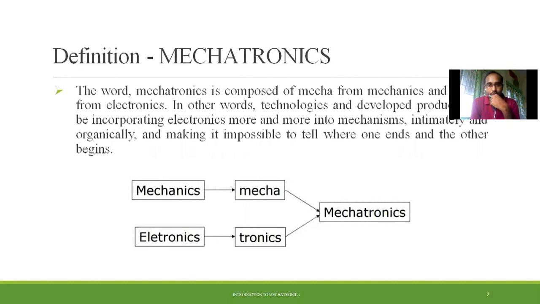Here, mechatronics specifies the technology that will be utilized to give directions for operating robotics or robots, particularly in n number of fields, basically the industrial fields, medical fields, etc.